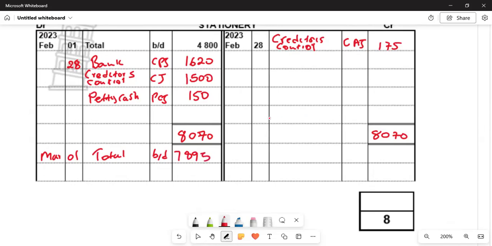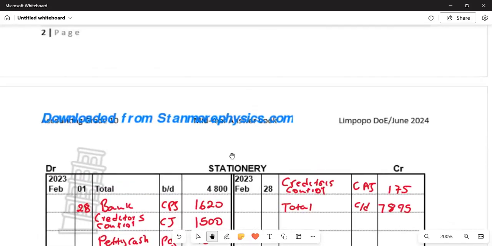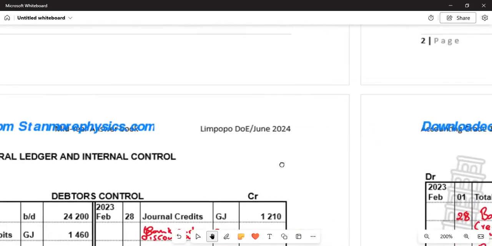So now the balance total here, CD, balance carried down, this is 7,895. So that is all. And then you get your 8 marks. So now we are to move on to other questions.